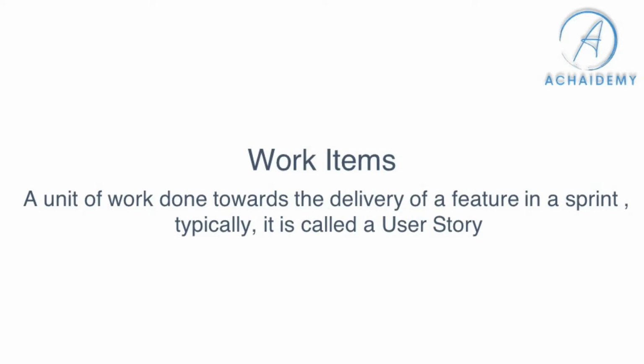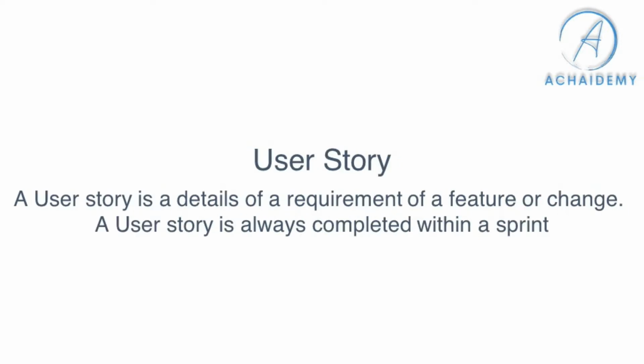Work item is a very generic term, and user story is generally what you hear very often in Scrum. A user story is a description of a feature or a functionality that can be delivered within a sprint.